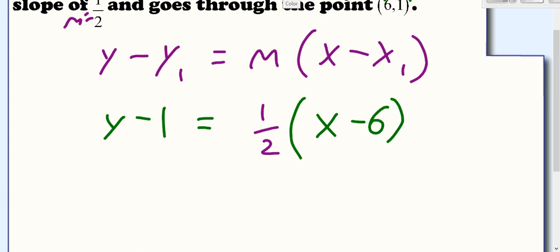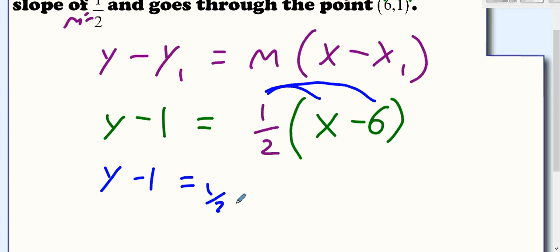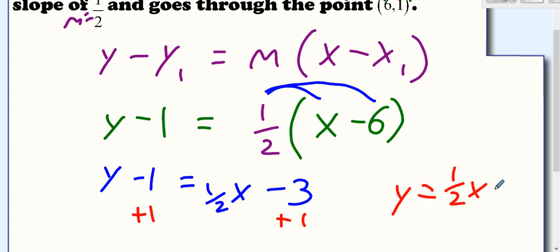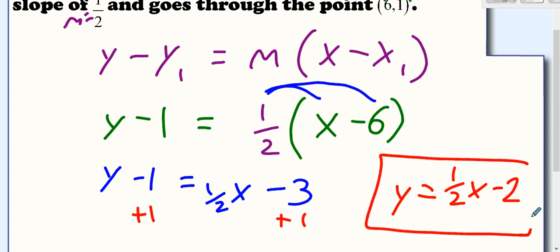So to convert from point-slope to slope-intercept form, you have to distribute the 1/2 times x, and then 1/2 times negative 6, and then finish it off by adding the 1 over to get y by itself. And there's slope-intercept form for that line.